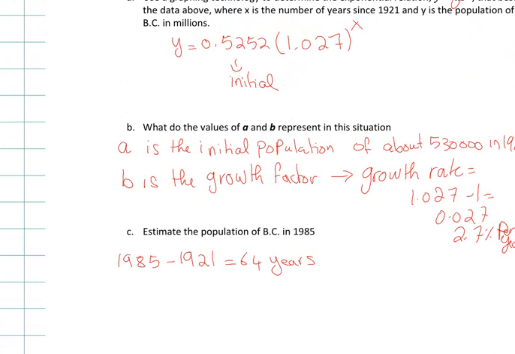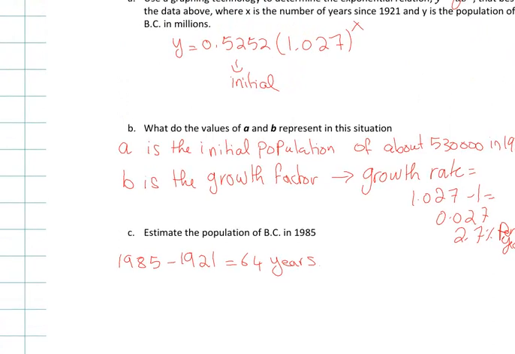So in the graph, what did I have on the y-axis and what did I have on the x-axis? The y was what? The population. And on the x-axis, what did you have? The years since 1921, right? So on the x-axis, it was the year. So where do you plug in 64? In for the x, because x represents the years since 1921.